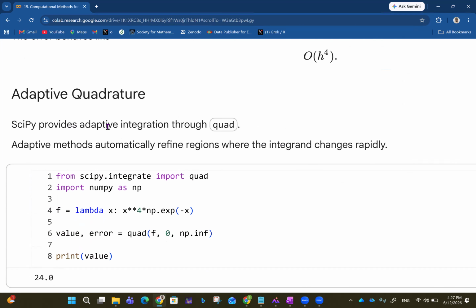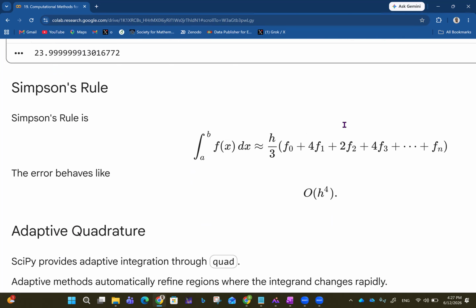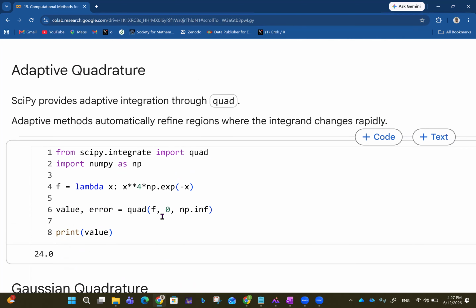So SciPy provides adaptive integration through quad. Adaptive methods automatically refine regions where the integrand changes rapidly. So here, from scipy.integrate, we can import quad. That's for quadrature. So import numpy as np. If you define a function like x to the power 4 times e to the power minus x, just like what gamma of 5 is, you see that this quadrature works perfectly.